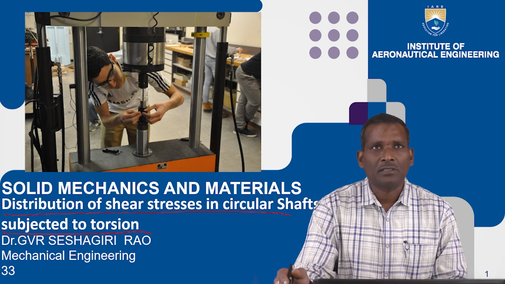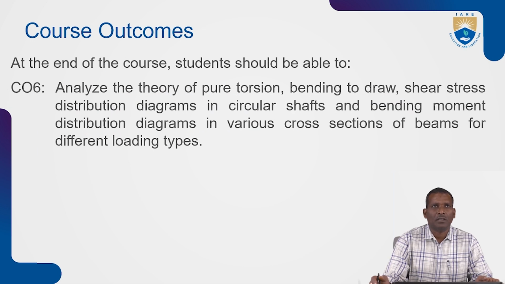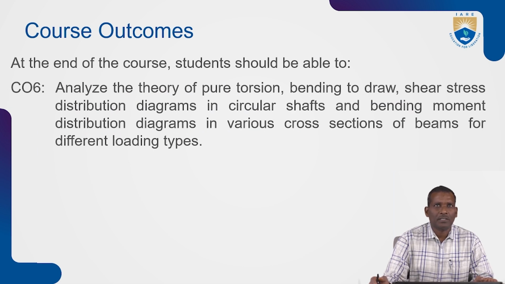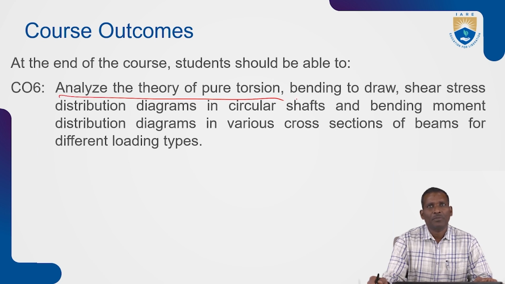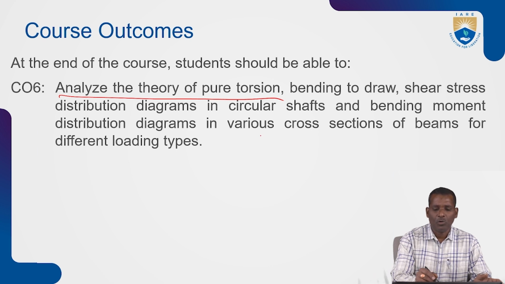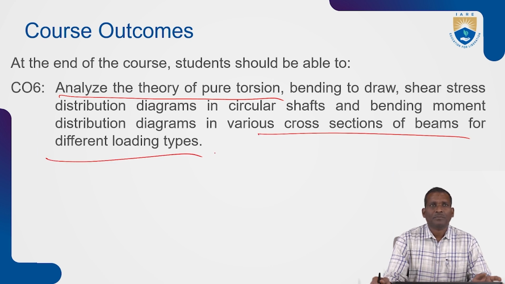The outcome of this topic is that students should be able to analyze the theory of pure torsion and bending, to draw shear stress distribution diagrams in circular shafts, and bending moment distribution diagrams in various cross sections of beams for different loading types.